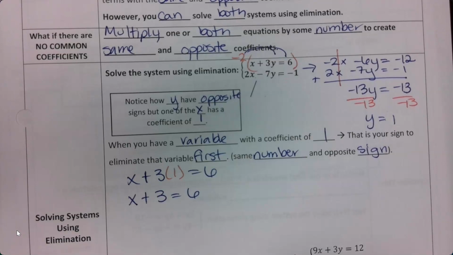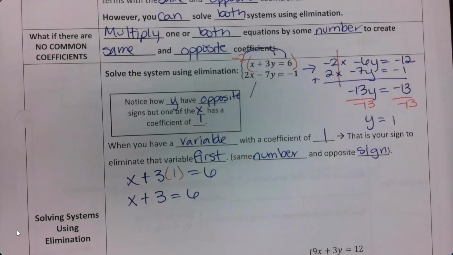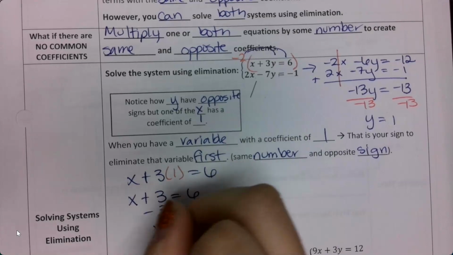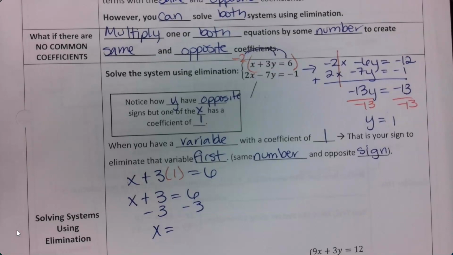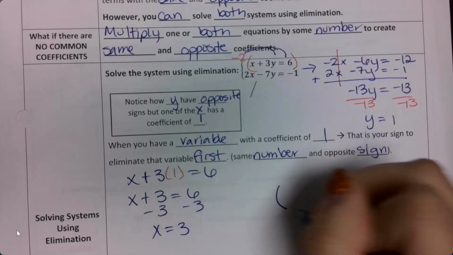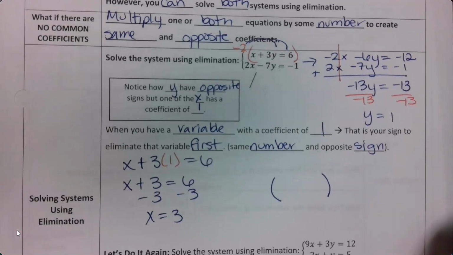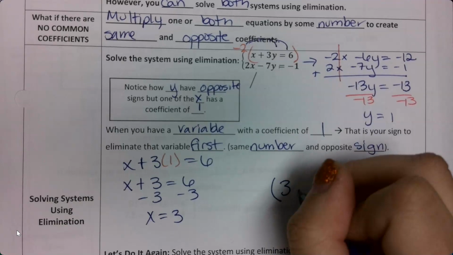Okay, so then I want to do what? How do I get x alone? X equals, so my final answer here is 3, 1.